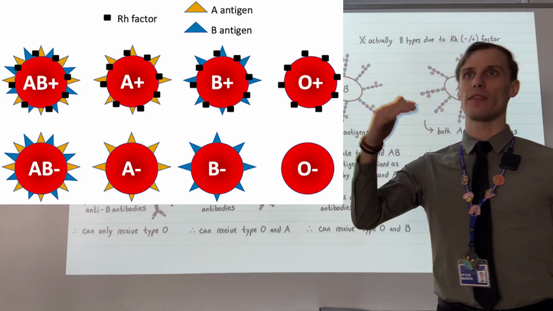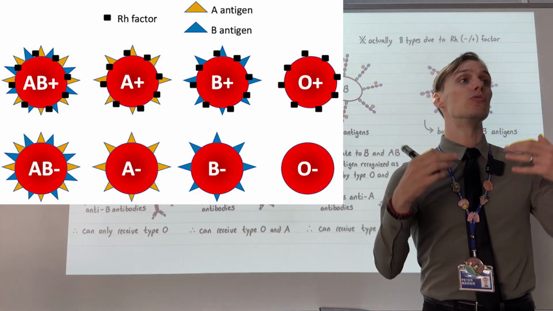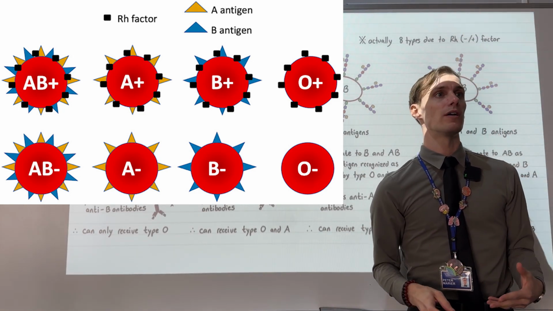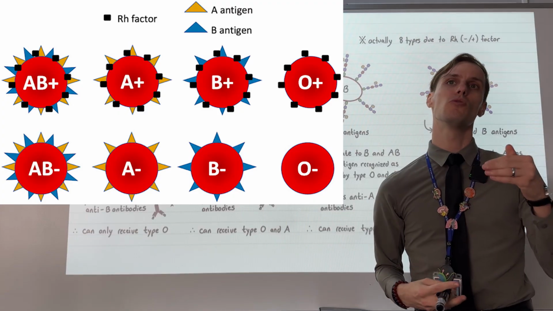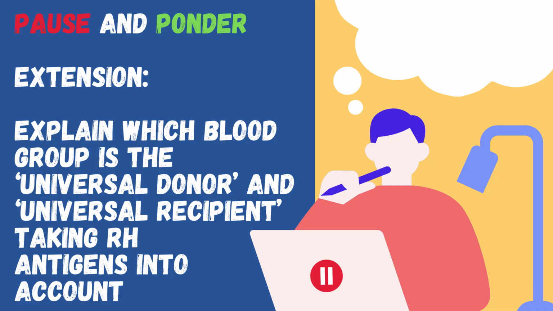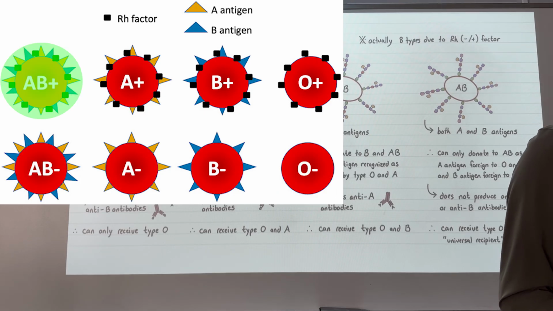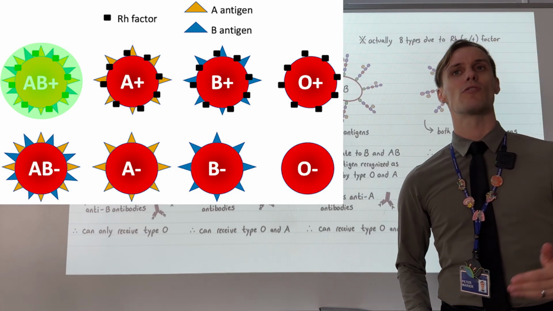If you lack that Rh antigen, then you are negative. So the true universal donor is which blood group, and the true universal recipient taking Rh into account is what? O negative is the universal donor, and AB positive is the universal recipient.